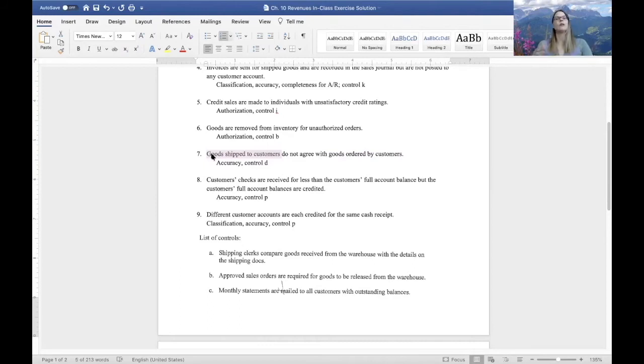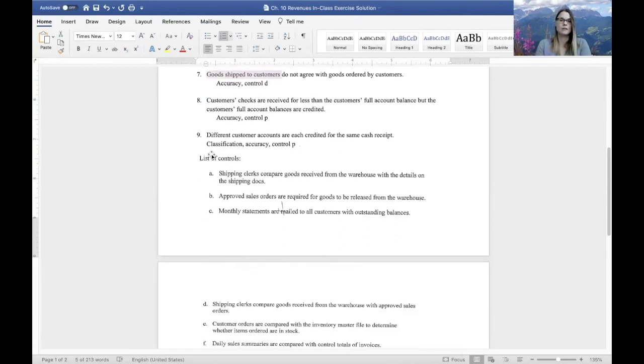So we're looking for a control that is either going to say the sales order quantities are agreed to quantities on the shipping documents, or something that says like quantities on the sales order are agreed to actual inventory being shipped out before it is shipped. We're looking for a control along those lines.